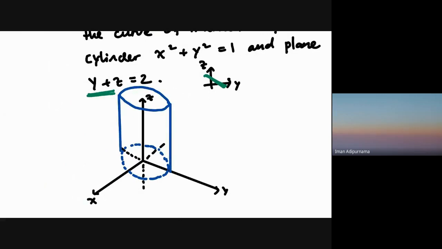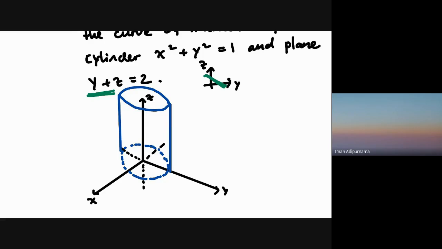So this is z, this is y, this is the line, right? Or probably from here to here, because this is 1, this is 2. Yeah. So this line is cutting the cylinder.